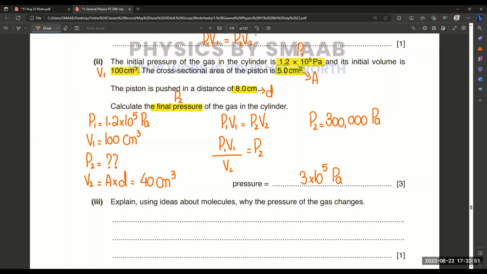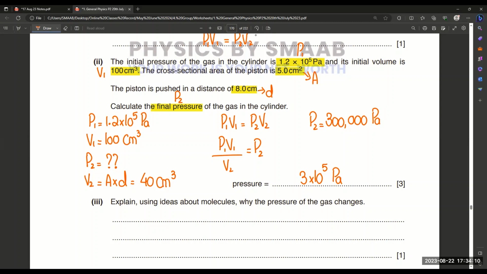From the calculation we also get the concept that if we decrease the volume, because our volume is decreased, V2 is less than V1, so our pressure P2 is greater than P1. So both are inversely related.